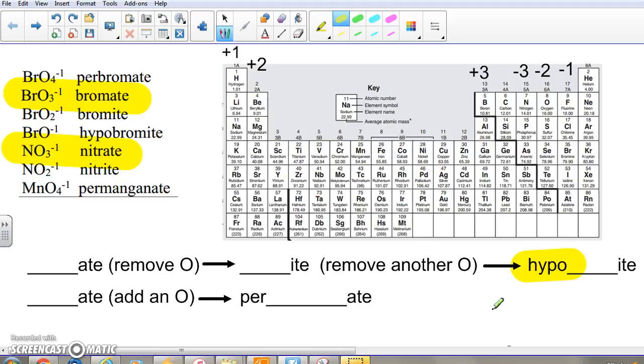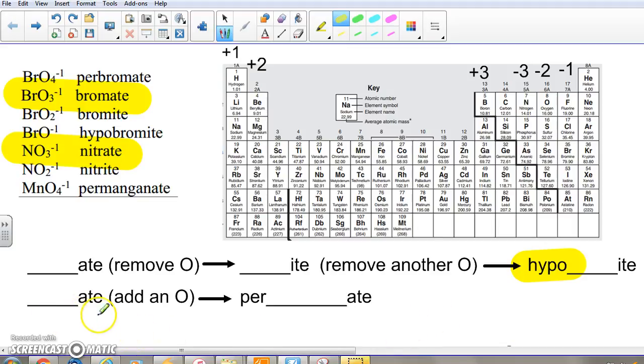Hypo means lowered. So if you're hypoglycemic, you would have low blood sugar. Hypothyroidism has low thyroid hormone. And so that's why hypo is associated with losing another oxygen. It's associated with very low levels of oxygen in the ion.